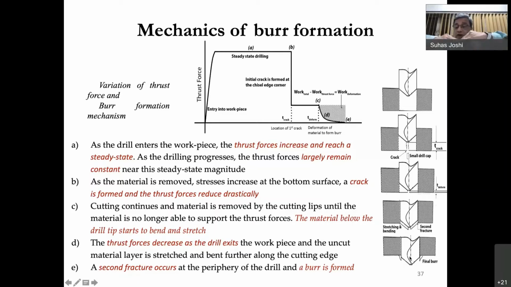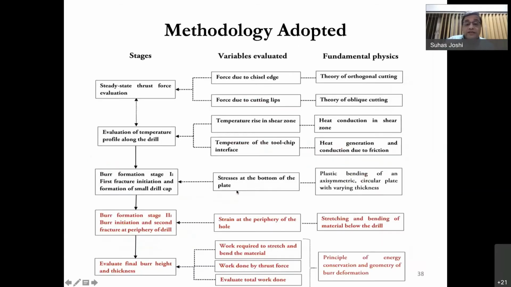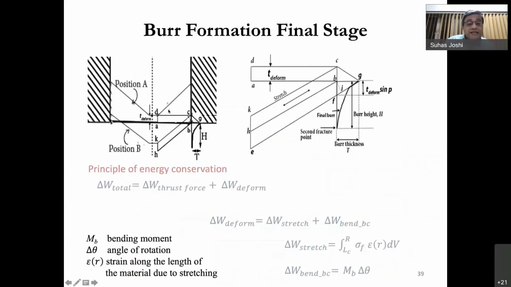So the energy required for breaking, bending and fracturing of the cap has been added here, to get the total work of deformation. You don't want to go into details of this, but this is exactly the same physical phenomenon you capture and put into the model.